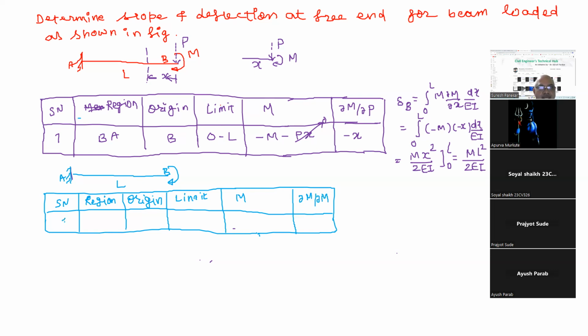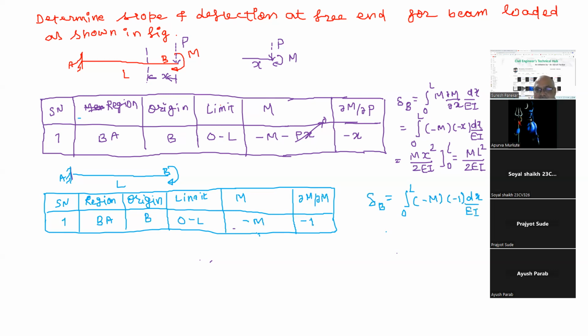And then we have serial number 1, region will be BA, origin B, limit 0 to L, M will be minus M, dM by dM will be minus 1, no dummy thing required here. So theta B equals integration 0 to L minus M minus 1 dx upon EI.